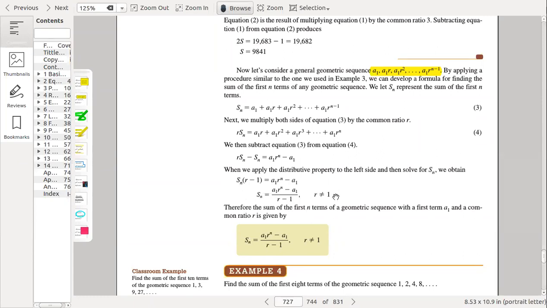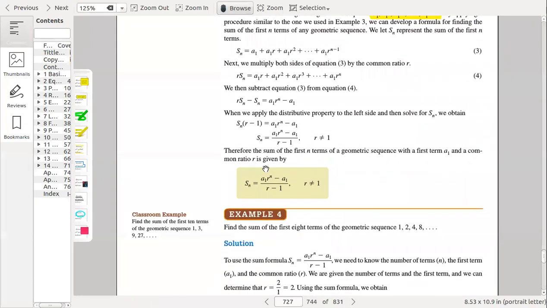Here we can put a condition on r that r should not be equal to 1, because if r is equal to 1, you will get 0 as a denominator, and then ultimately this fraction will be an indeterminate fraction.